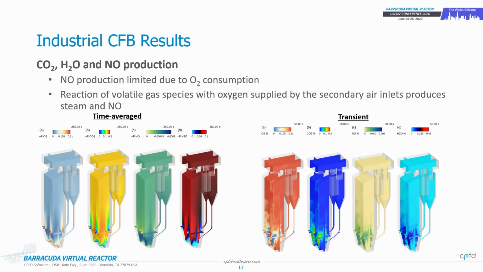We have CO2 being generated also from the combustion. We see that the NOx does have a spike as it interacts with the oxygen, and then it stabilizes here to a fairly low level. And we have water that's being produced both from the reaction of the volatiles with oxygen as well as the combustion.